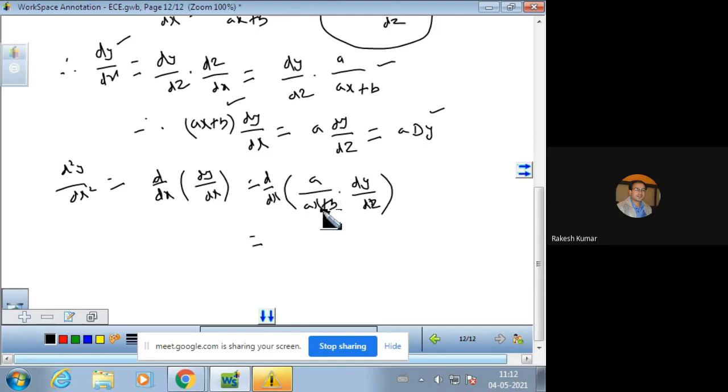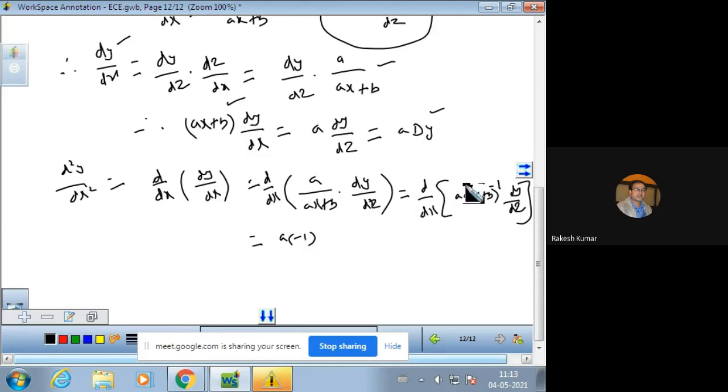Derivative of u, this one, a is there, it will be in the numerator, just like this, d/dx of a into (ax plus b) inverse into dy by dz. So derivative of this term will be a into this.